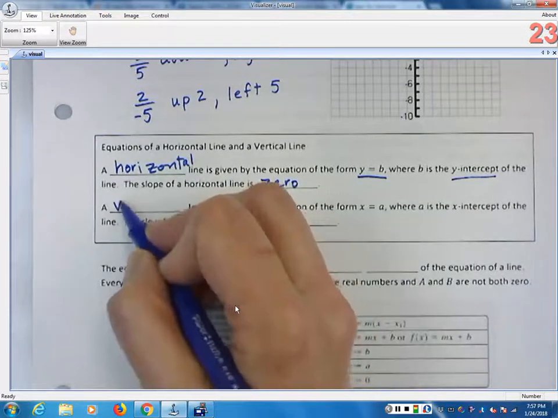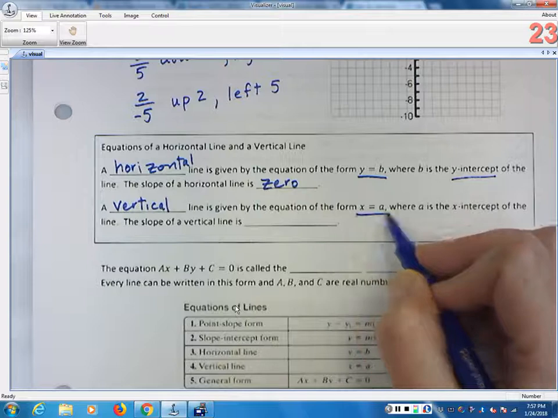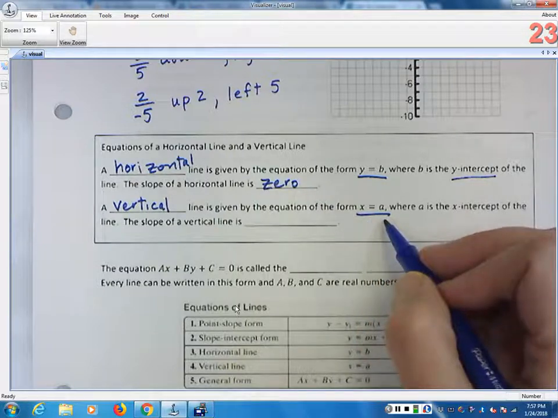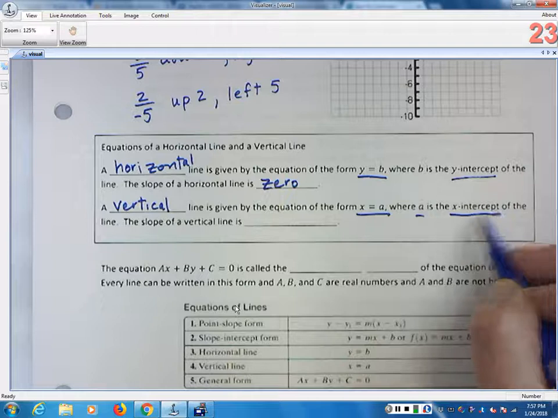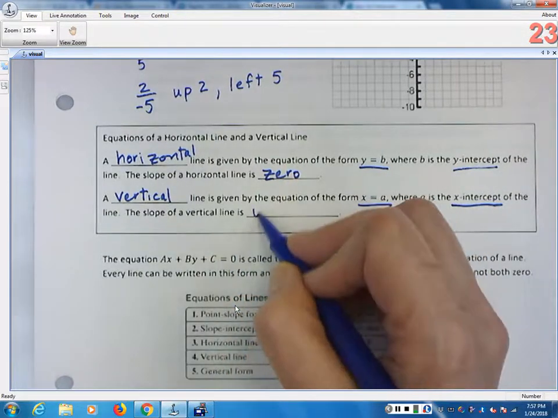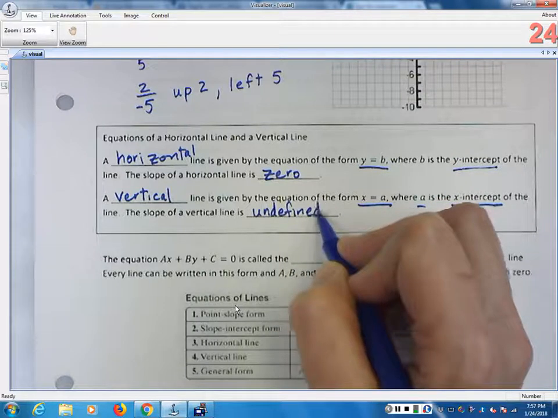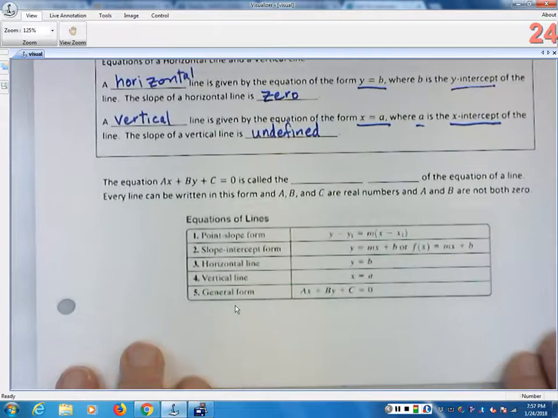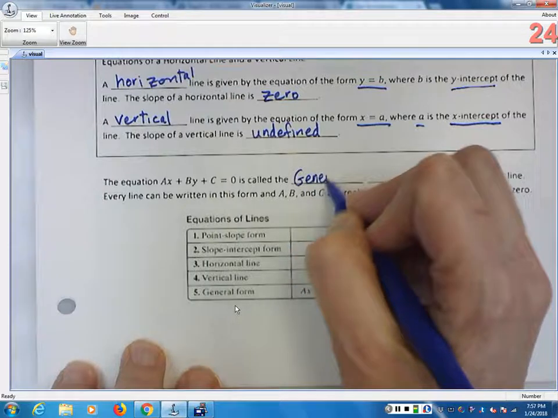A vertical line is given by the form x equals a constant, say a, where a is the x-intercept of the line, and the slope of a vertical line is undefined. And then we have the general form of the equation of a line.